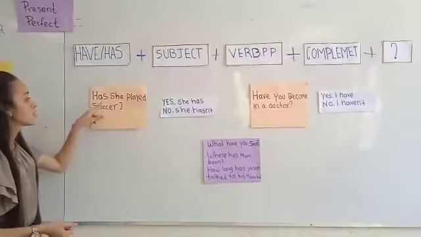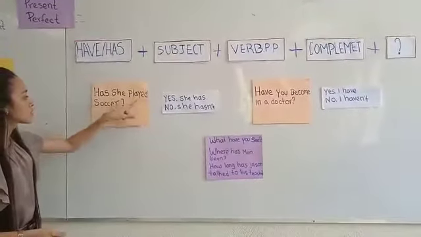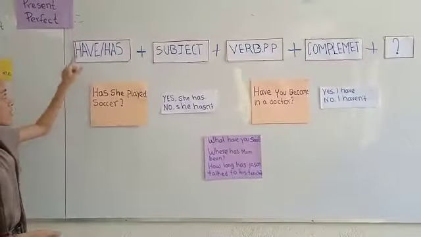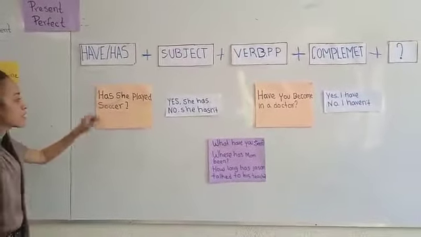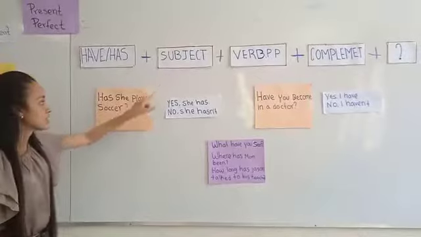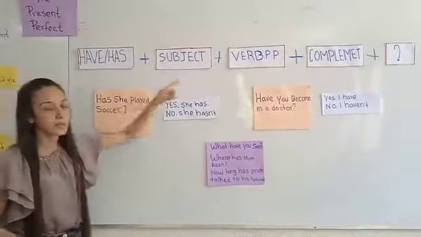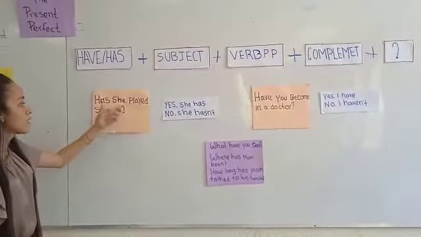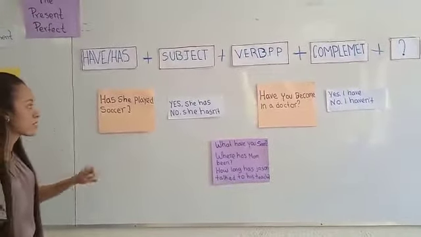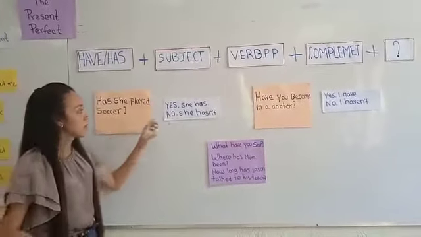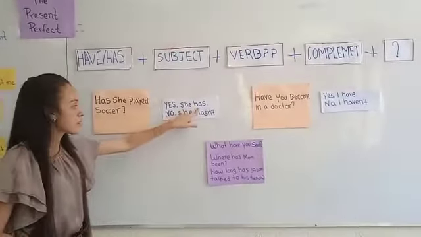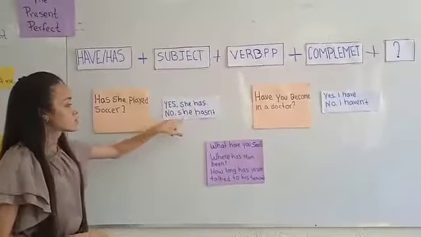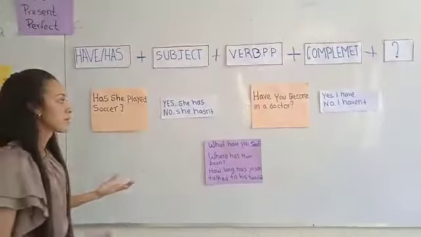Example number 1. Has she played soccer? Has, auxiliary verb in the present perfect; she, subject; played, verb in the past participle; and soccer, complement, plus question mark. The answer can be yes, she has, in positive, or no, she hasn't, in negative, with contractions.